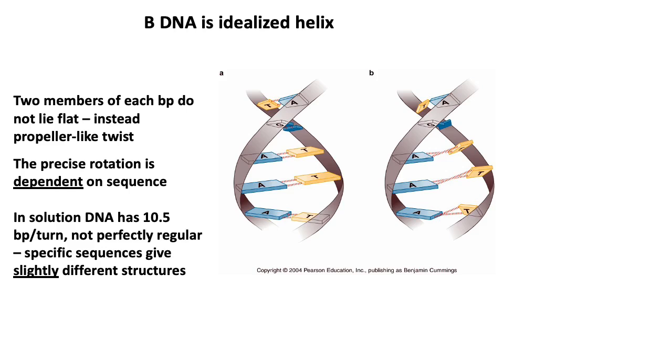But they don't stack horizontally. They stack at an angle. And this is generally called a propeller twist. There's a slight angle, and the angle is dependent on the 5' to 3' orientation. So the one strand looks twisted in the opposite direction to the other strand.